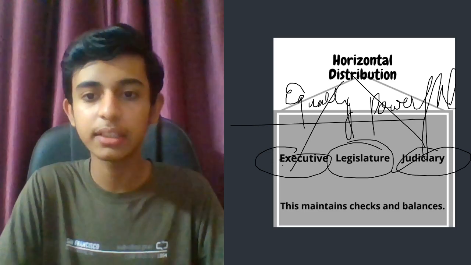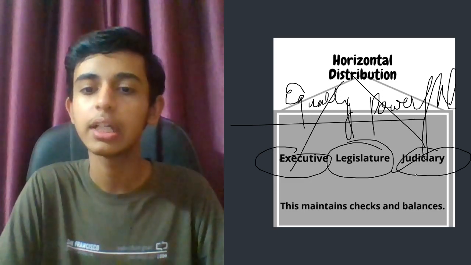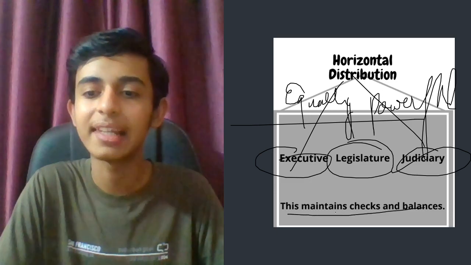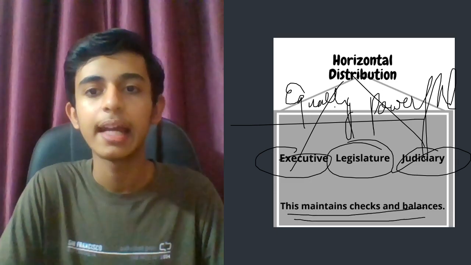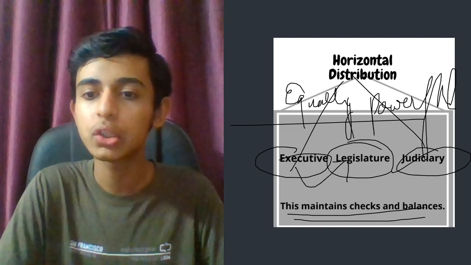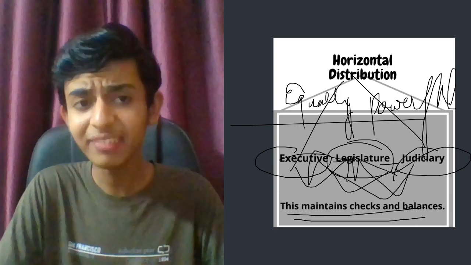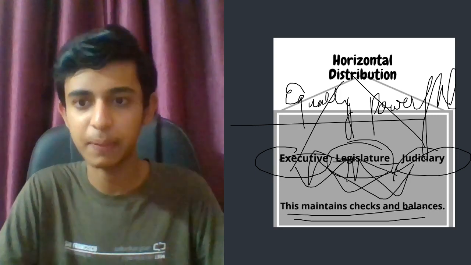Legislature makes laws, executive executes them, and judiciary takes care that everybody is following the laws. So this maintains checks and balances. They are equally powerful and they can make sure that all of them work properly, and they can check others as well.